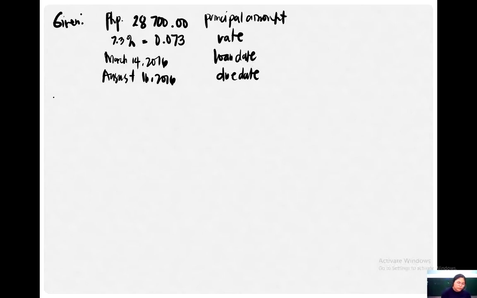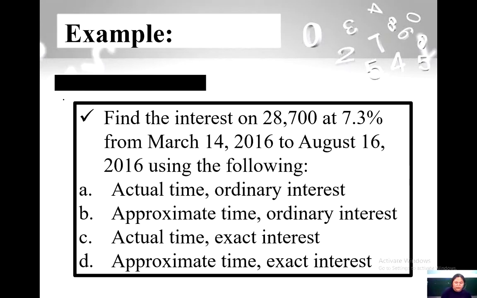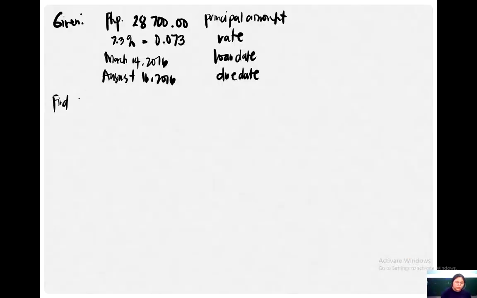Okay, so we are asked to find, again, let's go back, the interest. So we're going to get the interest using those conditions. Okay, so let's have letter A. We have the actual time and the ordinary interest.